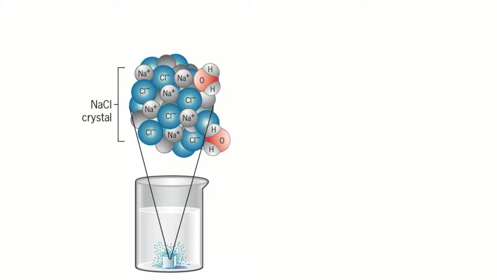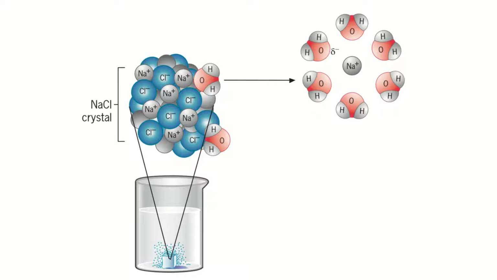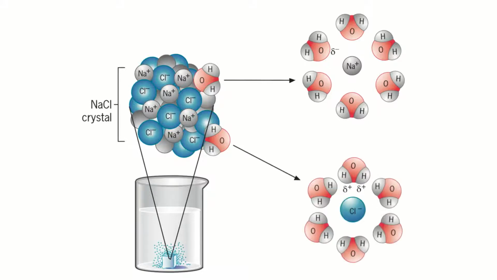And when we put a crystal of salt in water, and we've learned that water molecules are actually partly charged, they are polar, the water molecules are going to aggregate around the sodium cation with the oxygen pole of the water molecules facing the sodium cation. And other water molecules will also be aggregating around the chloride anion, but this time around, the positively charged hydrogen pole of the water molecule will be the one facing the chloride anion.